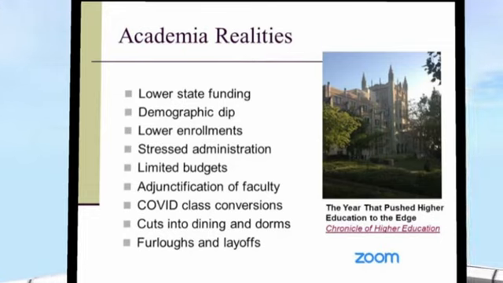Lower state funding and a demographic dip in enrollments and administrators stressing over budget cuts and program reductions, and up to 30% of a university's revenue comes from dorms and dining. That's been a big loss and one reason they're so eager to get students back on campus. And these are forces that have been simmering and expanding for decades now.